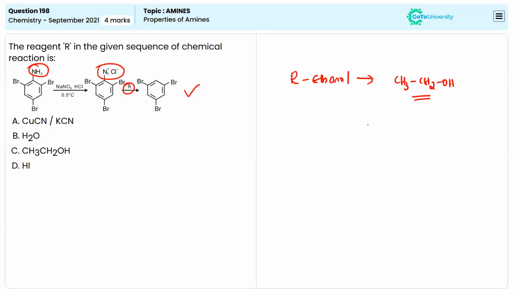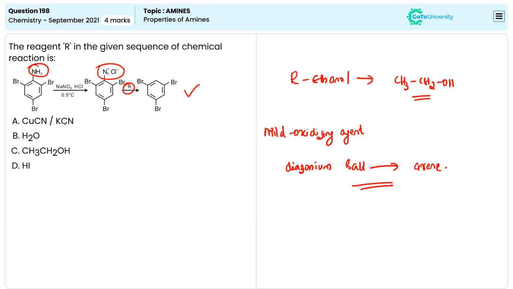So what they are doing? They are used as the mild agent, converting the diazonium salt to arene. Okay, so this is the reaction that takes place here.